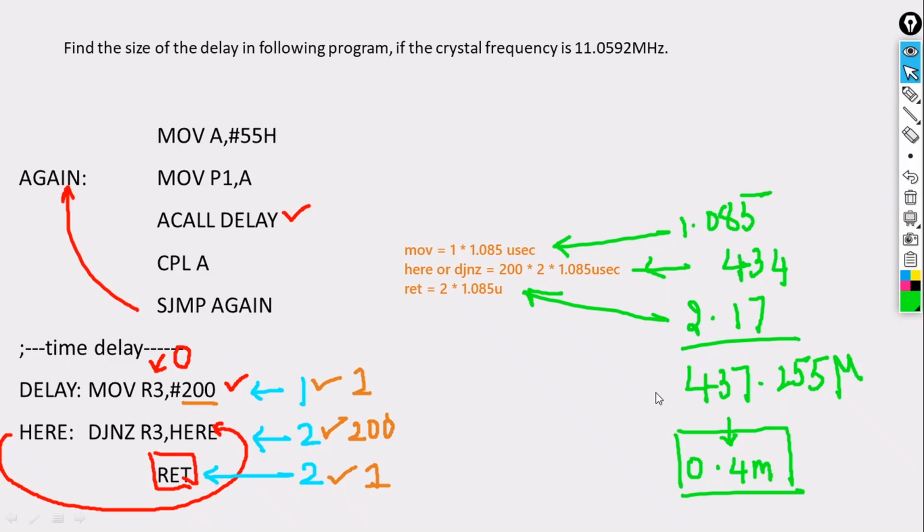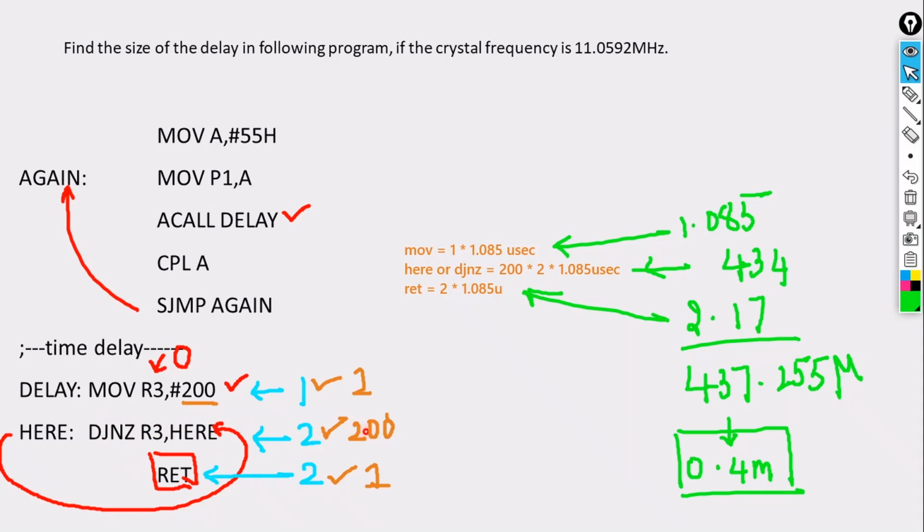Okay, so this is how we are going to calculate. First you take the delay, the time required to complete this instruction. Since this is going to be only one time, I'll take it as one time, and the return instruction is going to be one time as well. The loop is present over here. Since we have loaded 200, this loop is going to be executed 200 times, and the number of machine cycles required for this loop is 2.